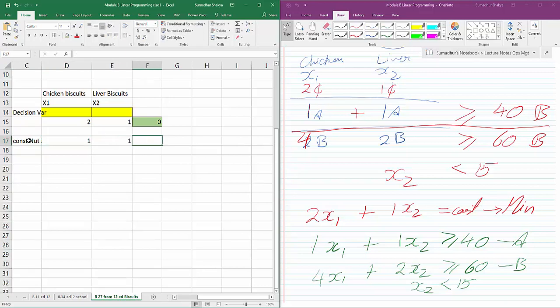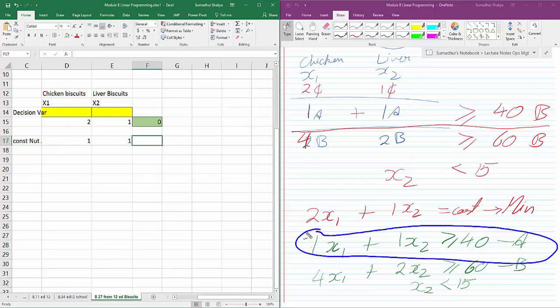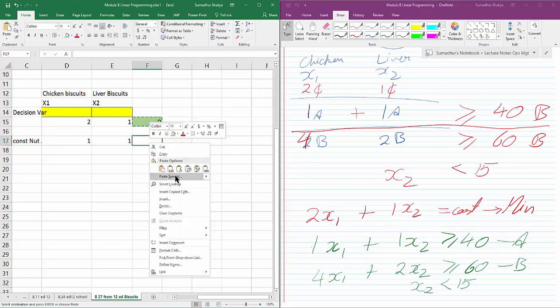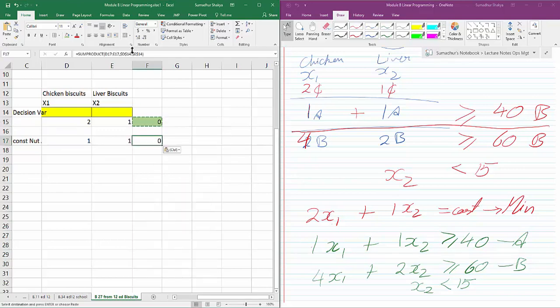This is coming from this equation. So 1x1 and 1x2, I'm going to copy this, Control C, and paste it as formulas, and I'm going to keep this one as blue so then I know this is my left hand side variable.